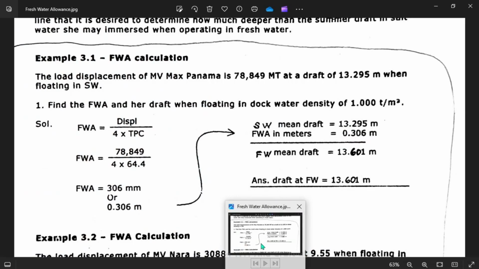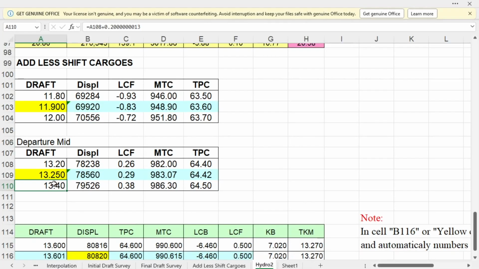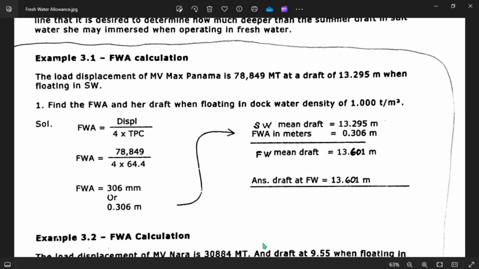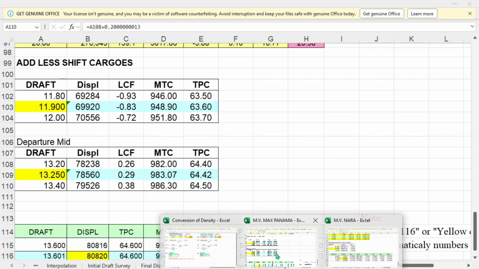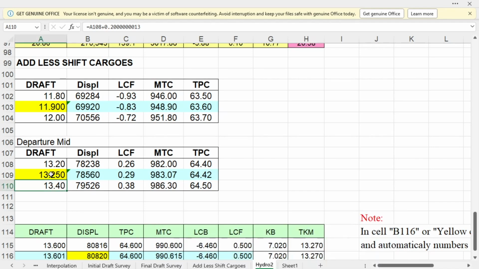The displacement should be 78560. Oh, that will be the freshwater one. I'm sorry, that will be 13.295. And the displacement should be 78850.